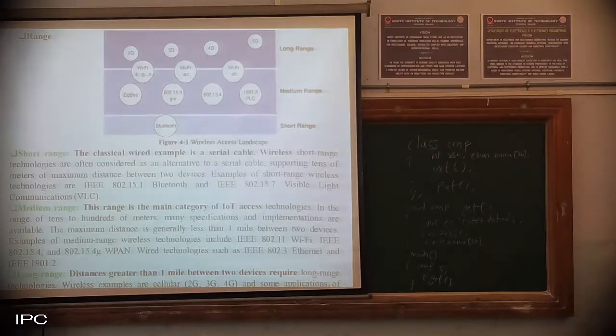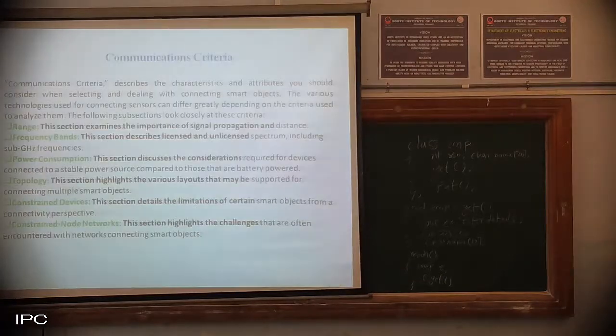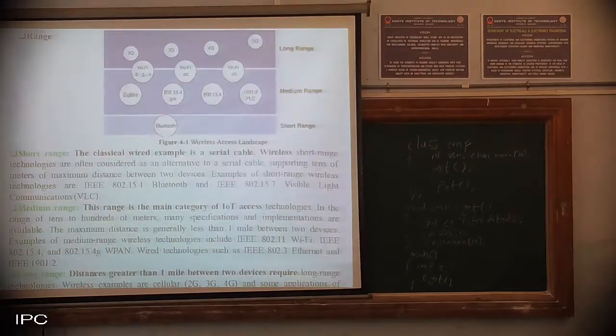These are the medium range ones. Long range means 2G, 3G, 4G, 5G. Short range means Bluetooth. Depending on our application, we should select these different communication technologies, which can be classified into short range, medium range, and long range. So that is the first criteria.